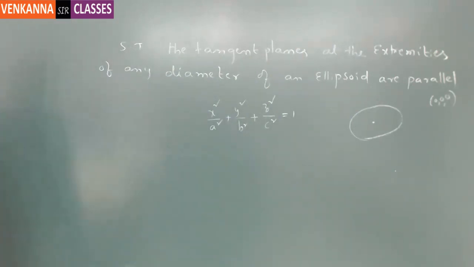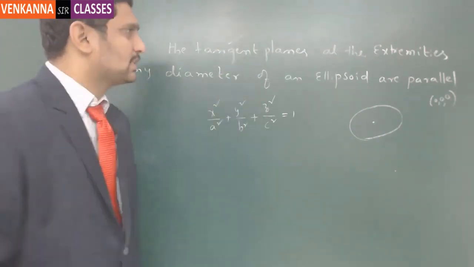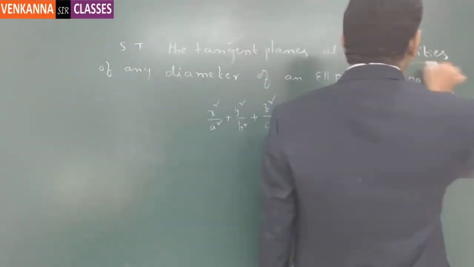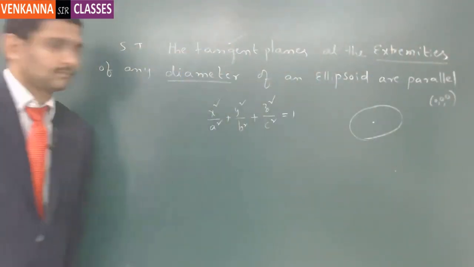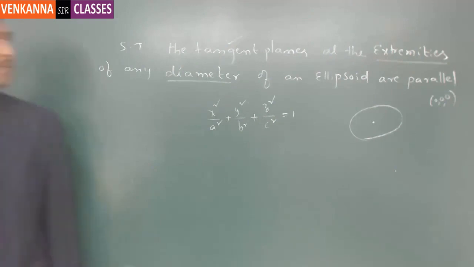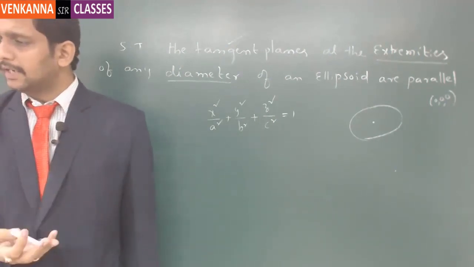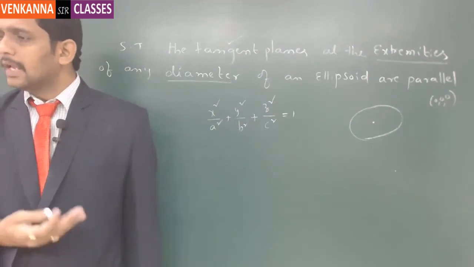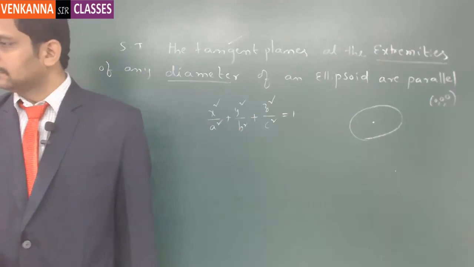So in the problem, we are calculating the tangent planes at the extremities of a diameter. I think you know what is meant by the diameter and the extremity. The extremity is nothing but the end of the diameter, right?